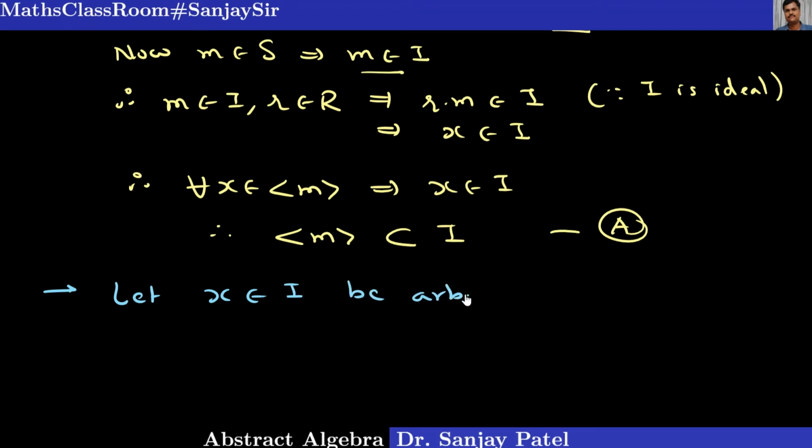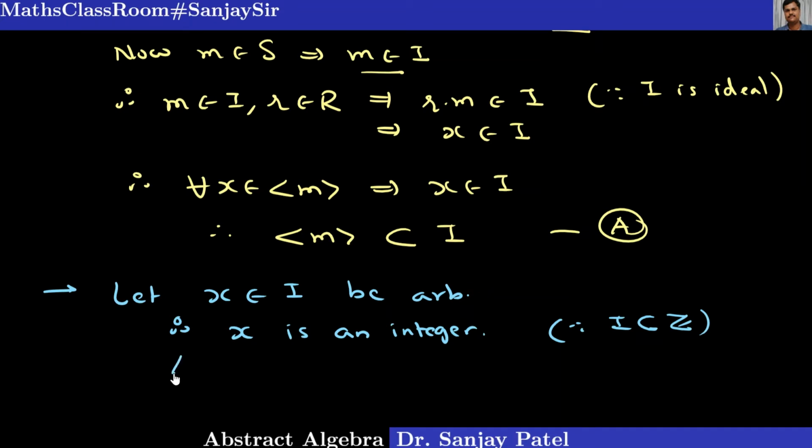I will prove that X belongs to the ideal generated by m. Remember that X is an integer. Why? Because we know that I is a subset of Z, the ring of integers. So everything in I is some integer.